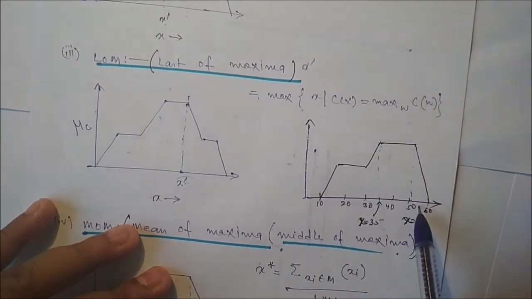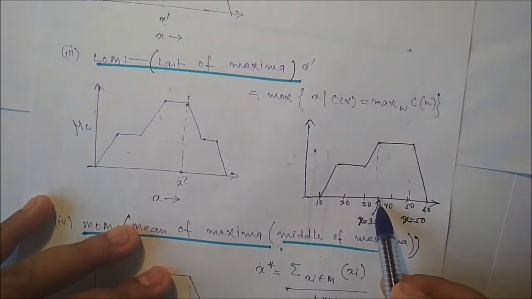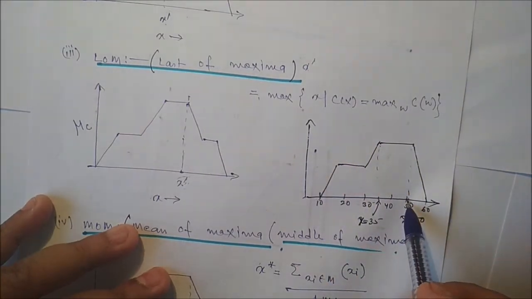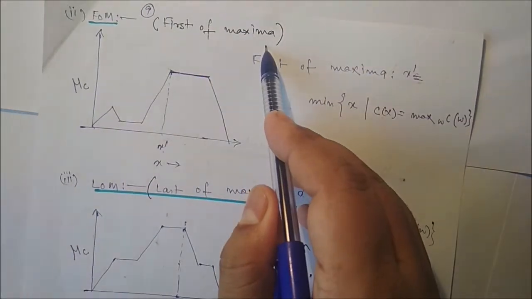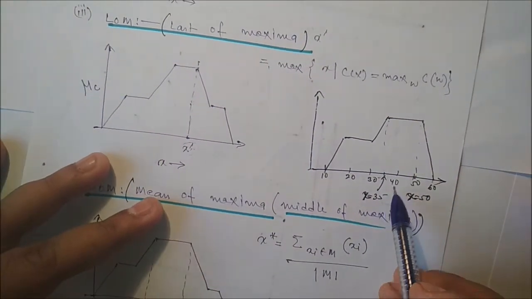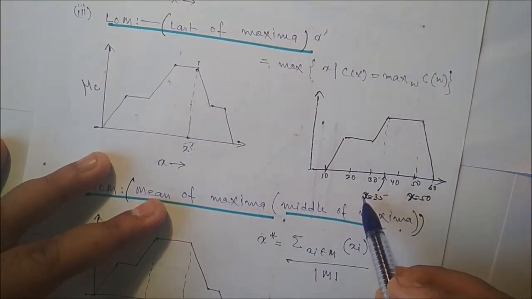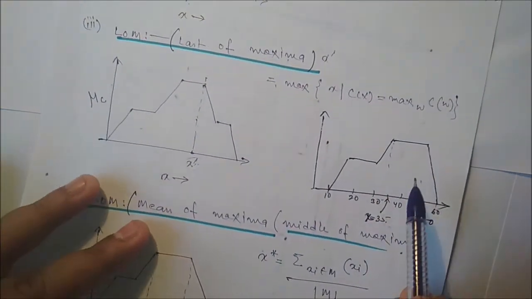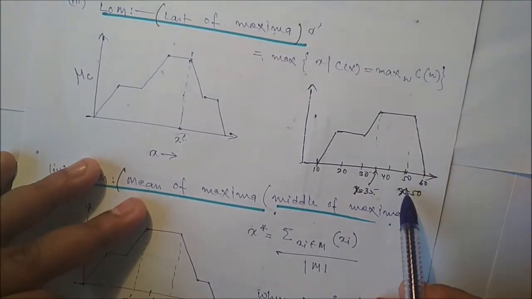If the fuzzy output is this one, between 35 and 50 the fuzzy output is maximum. If you apply the first of maximum method, the crisp output will be 35. If you apply the last of maximum method, the crisp value will be 50.